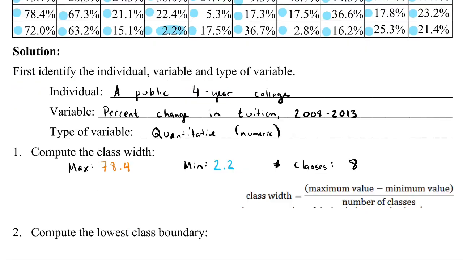Our class width is going to be 78.4 minus 2.2 all over 8. And when we throw that into the calculator, we'll need to put that subtraction in parentheses so the calculator knows to do subtraction first.